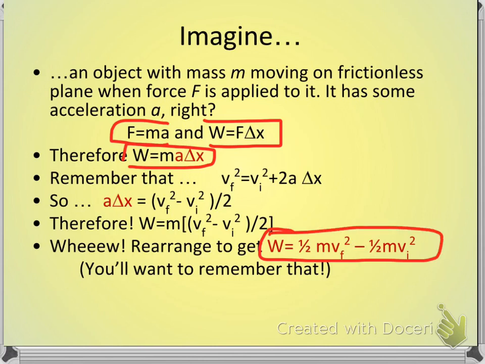The work that's done is equal to 1/2 m v final squared minus 1/2 m v initial squared. Well, guess what this is equal to?